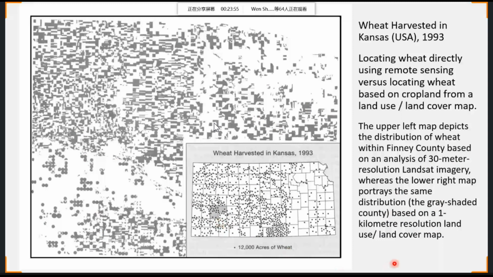This is a good example to see how this basically works. So you need more detailed information, and based on this detailed information, you can then decide where to put the dots in your map.